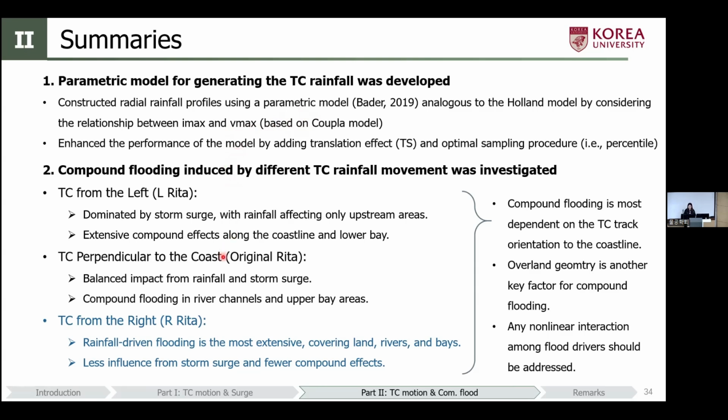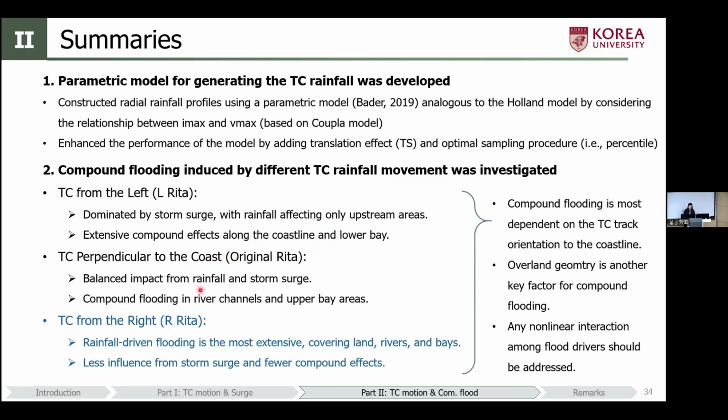Another thing we have found is the impact of TC motion on compound flooding. We find that the left TC cases are dominated by the storm surge, with the rainfall affecting only the upstream areas, and extensive compound effects along the coastline and lower bay.